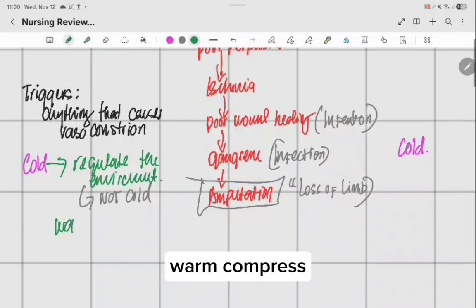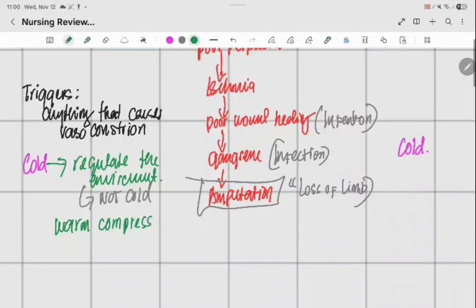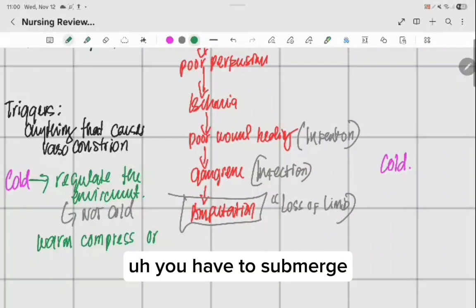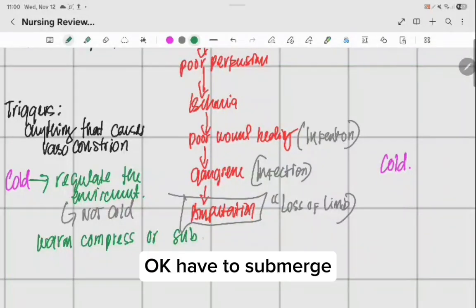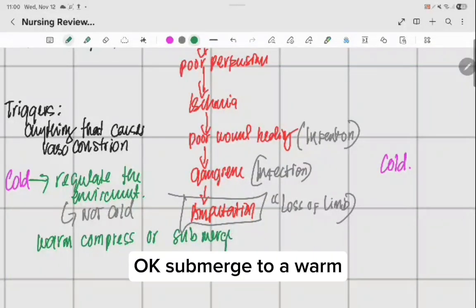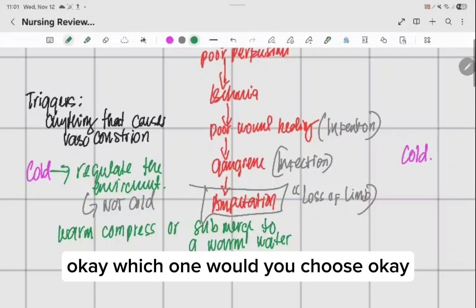If you're going to choose between a warm compress or having to submerge in warm water, which one would you choose?